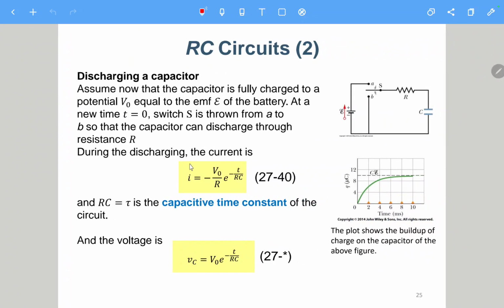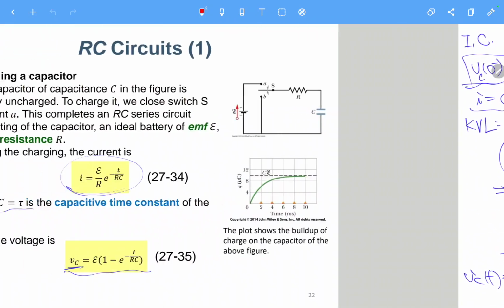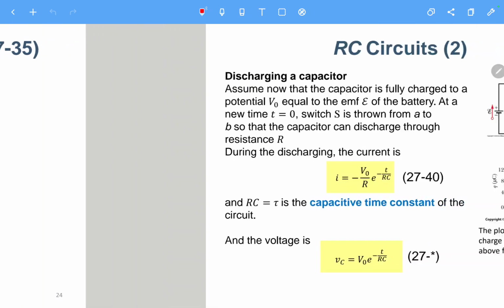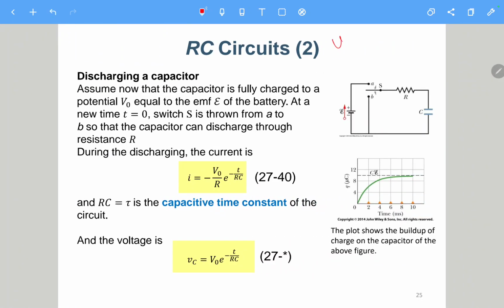Okay, and of course here it is another condition. Here, after charging the capacitor for a long time, we will assume that for this case V0 minus is E, which is charged by this battery.